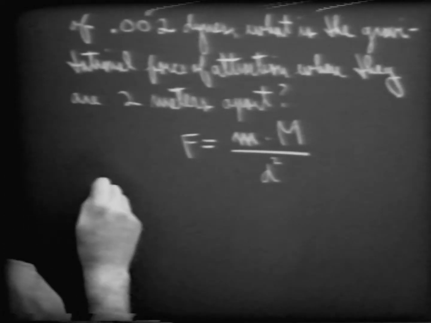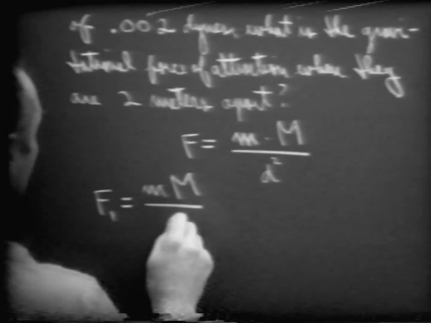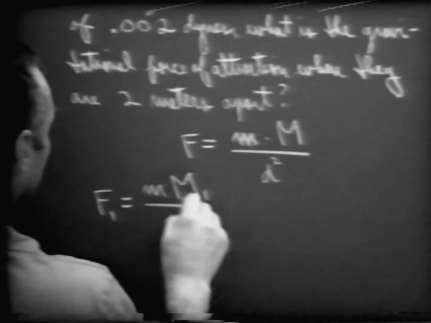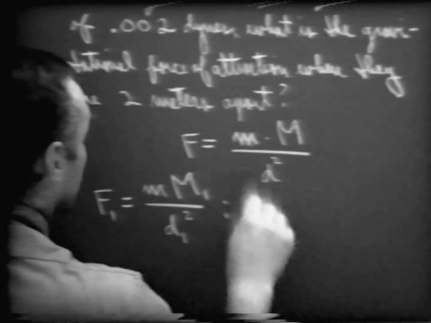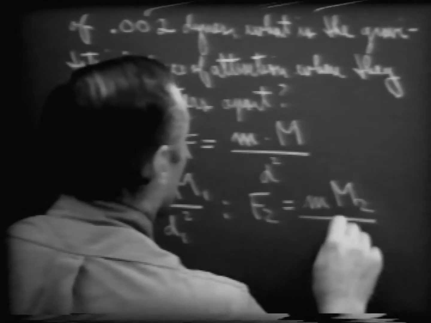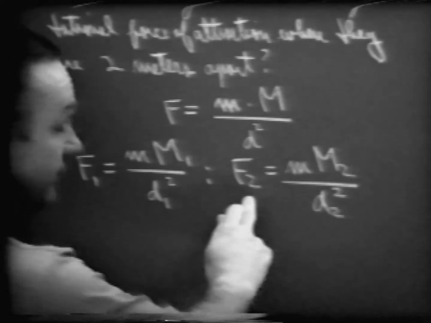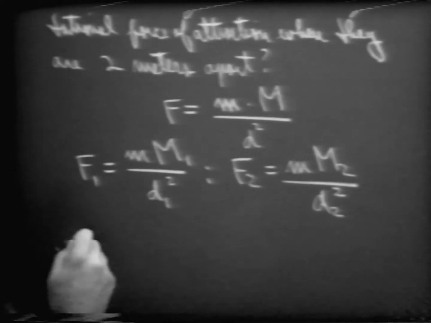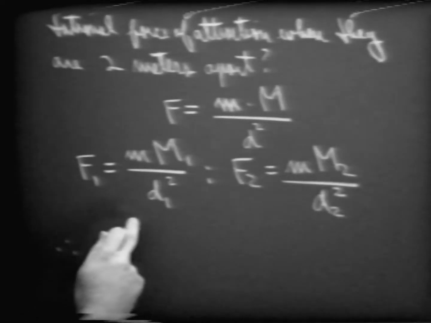Now, again, for a particular value of the product of the masses and a distance, we have a particular value of f sub 1, and also for a particular value of masses, m sub 2, and a particular value of distance, we have a particular value of f sub 2, okay? And let's now try to get this in terms of m. So who would like to get this left-hand statement in terms of m?